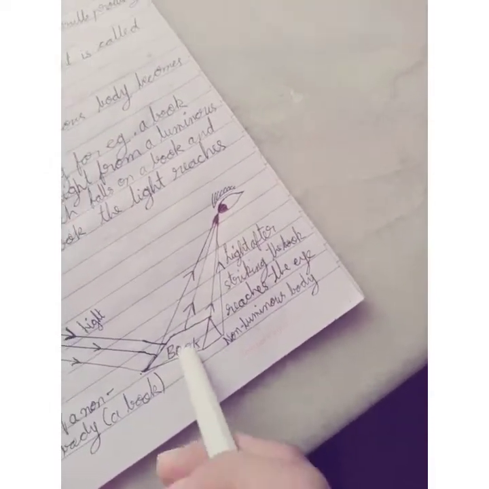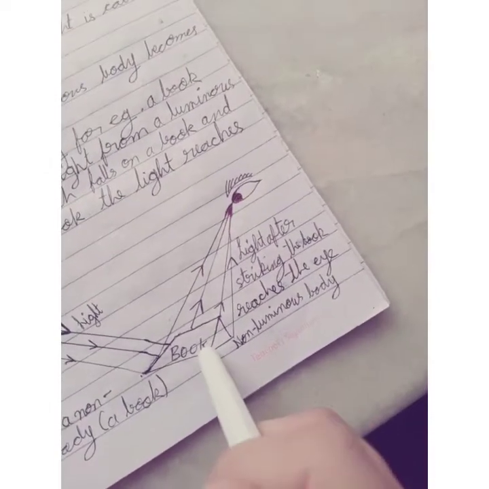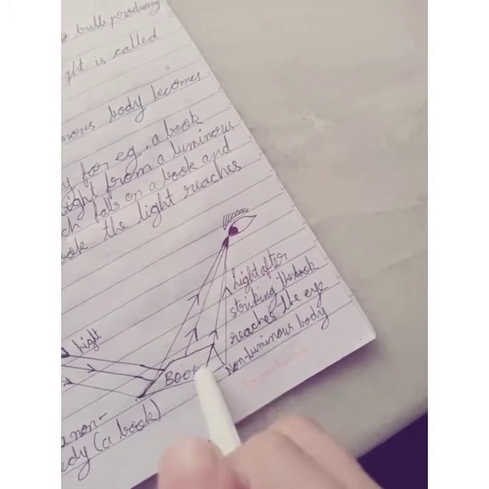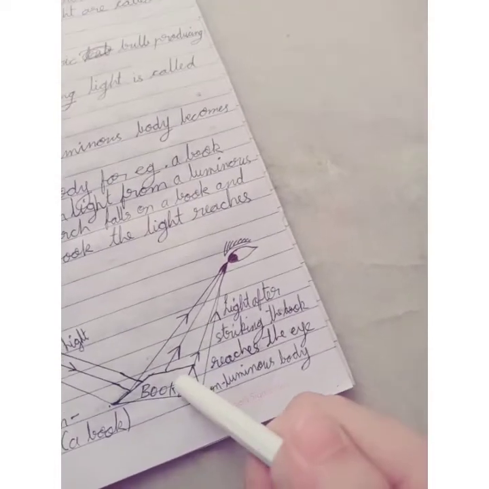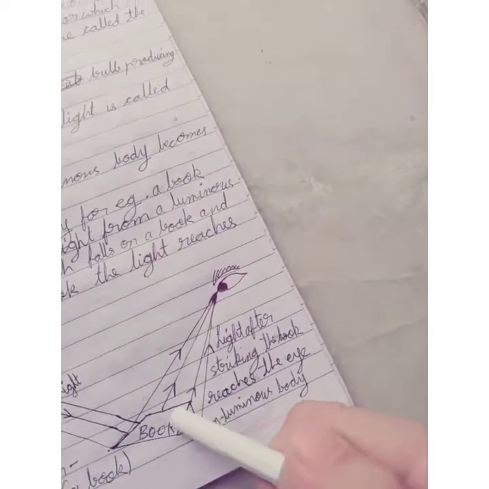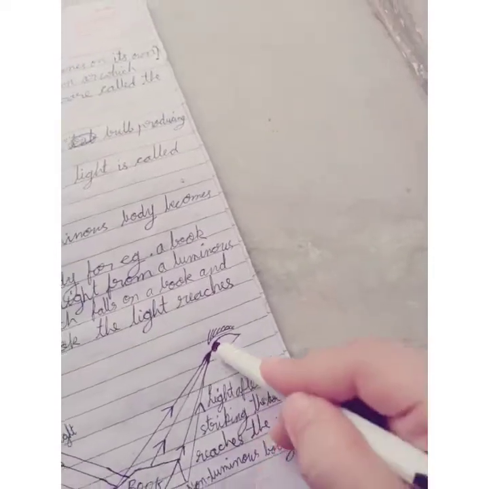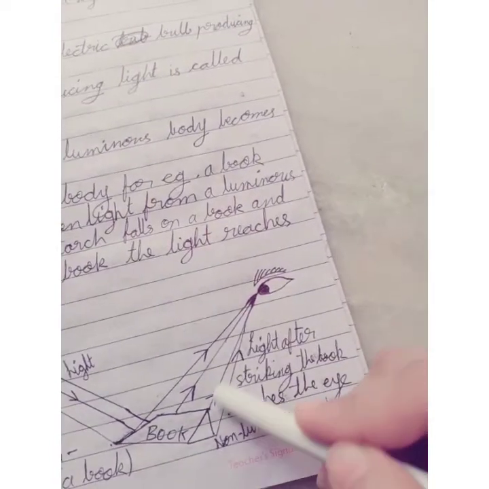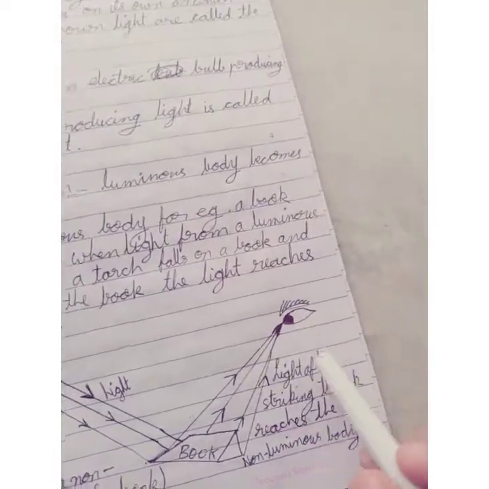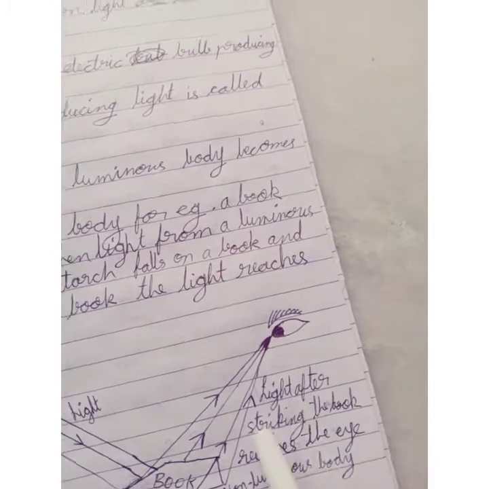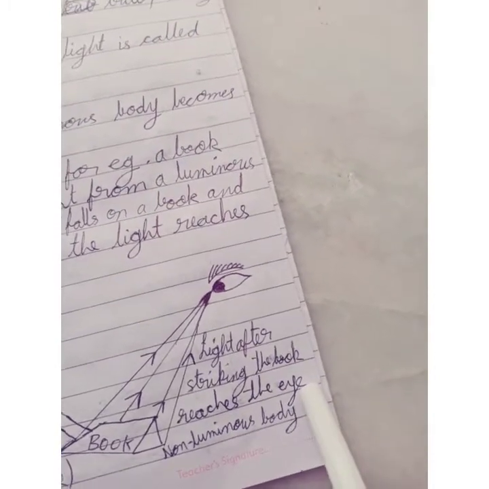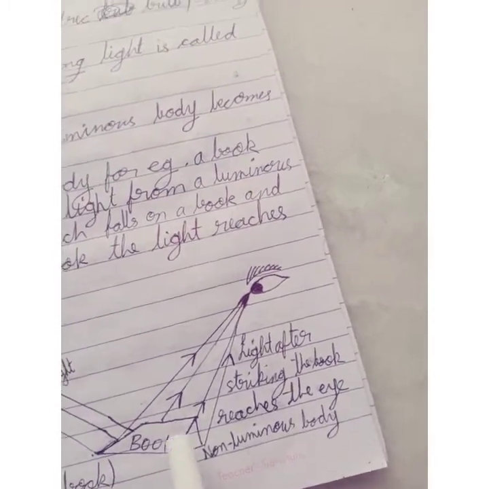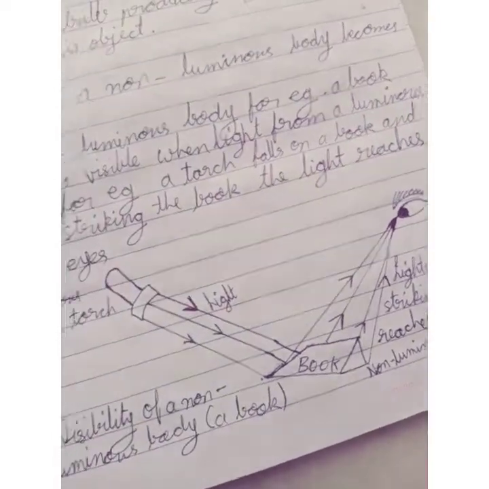And this book, as it is a non-luminous body, acts as a mirror and reflects the light. Now, after reflecting, where does it go? It reaches our eyes, and that is why we can see this book. See, light after striking the book reaches the eye. And the book is a non-luminous body.